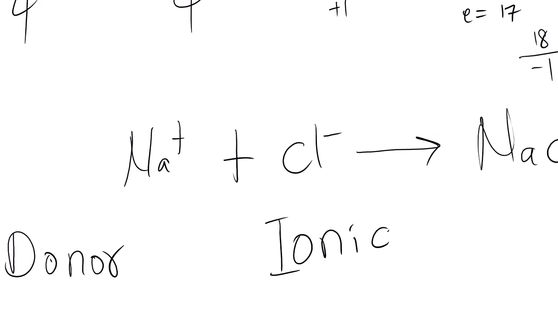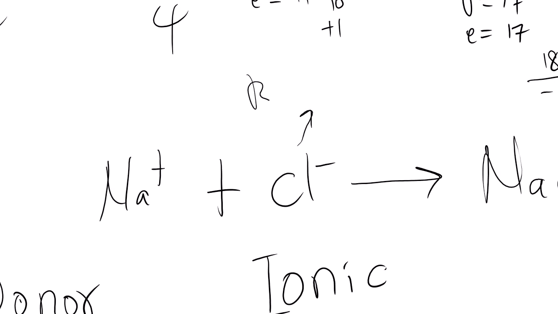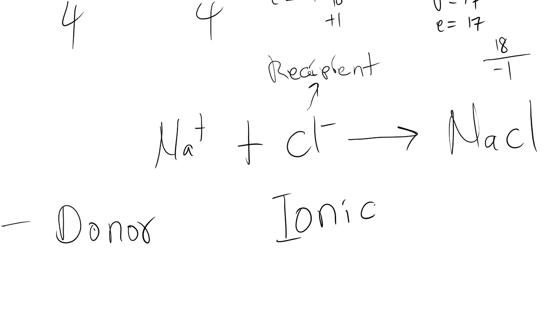That is the donor. Then chlorine is called the recipient. That means somebody that receives something. So you have donor and recipient.